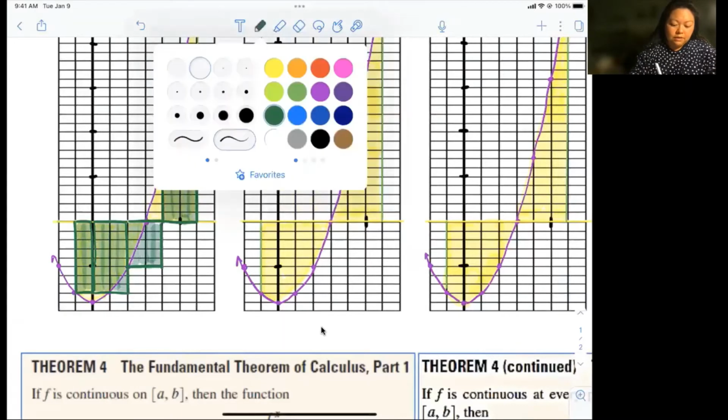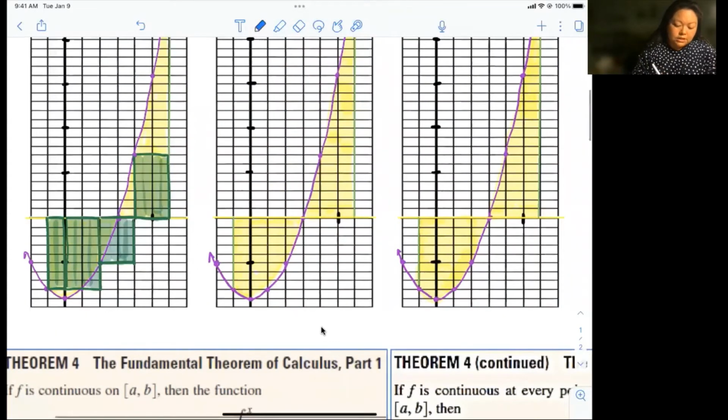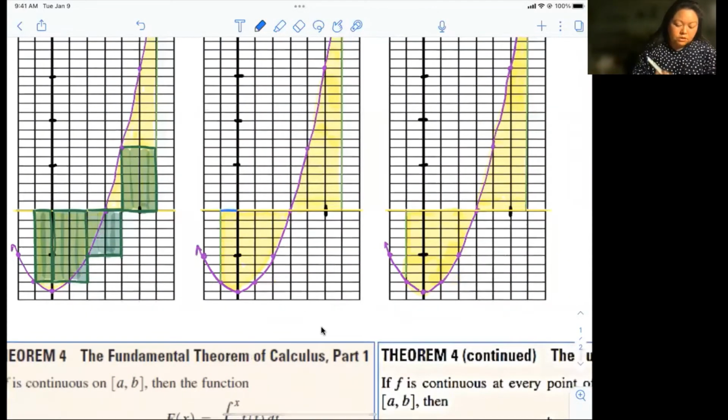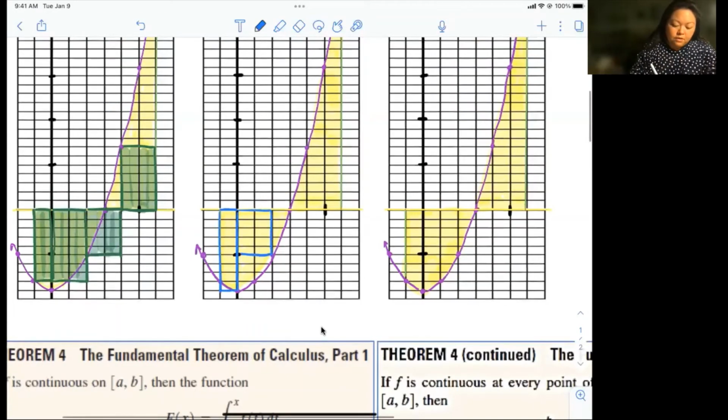All right, we're going to do the same thing for our right endpoint. So the same width as before, so -1 to 0, but now from the right-hand side, so it's going to be this approximation here. Then from 0 to 2, go to the right endpoint, draw my rectangle there. From 2 to 4, go up to my right-hand side, draw my rectangle this way.